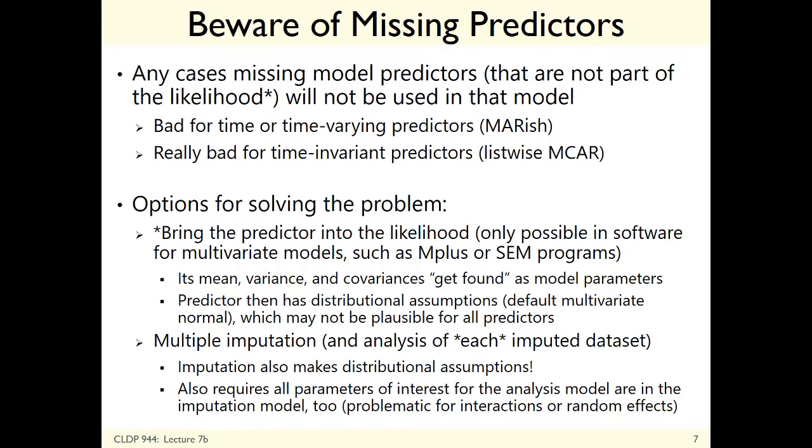And so the mean, the variance, and the covariance of all your predictors become part of the likelihood. They become things that it's trying to find iteratively. So even though you're thinking of it as a predictor, the algorithm is thinking of it as an outcome, which means the predictor then has the same distributional assumptions that the outcome has.